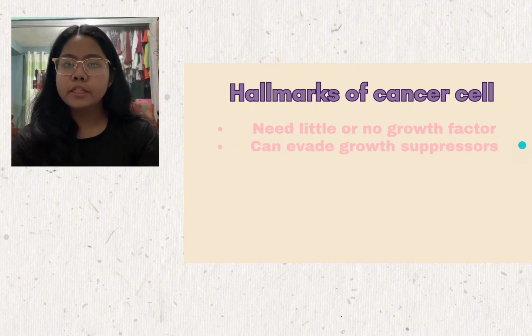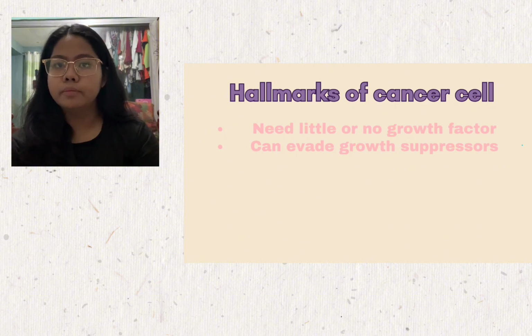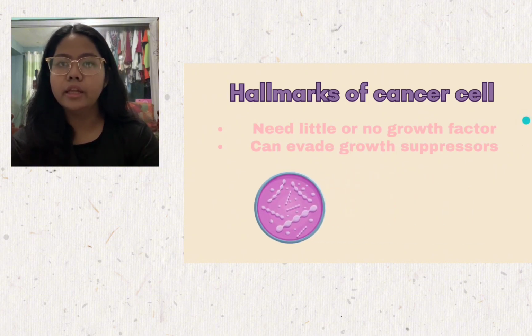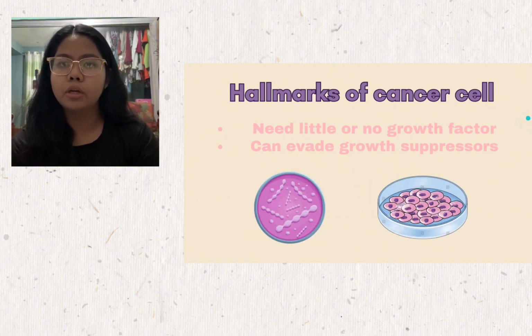Second, cancer cells are able to evade growth suppressors. Let's use an example here. Non-tumorous cells grown in a petri dish would proliferate until a single layer is formed that covers the bottom of the dish. A phenomenon known as contact inhibition would then prevent the cells from further proliferation.